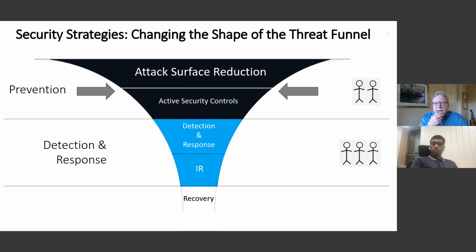But basically, the idea here is that the more we can do to reduce the attack surface, so to reduce the fundamentals of what's exposed externally, what's exposed from vulnerabilities, what's exposed from access control or privilege related challenges, all of those things, if we do a better job proactively, we are effectively preventing or stopping threats from being able to enter our environment, which then means our active security controls have less work to do because we've shut the front door.